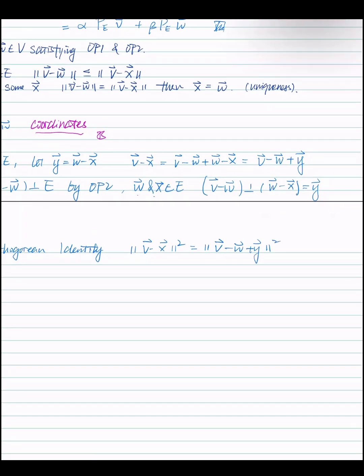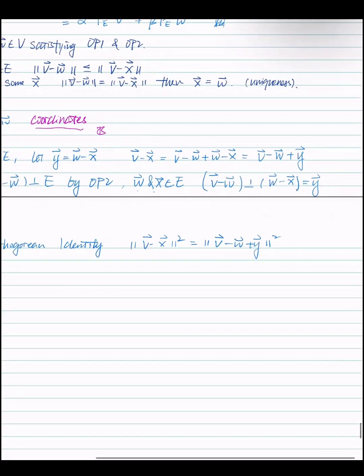By the Pythagorean identity, that is equal to the norm of V minus W squared plus the norm of Y squared.